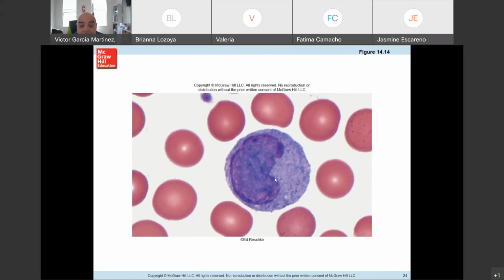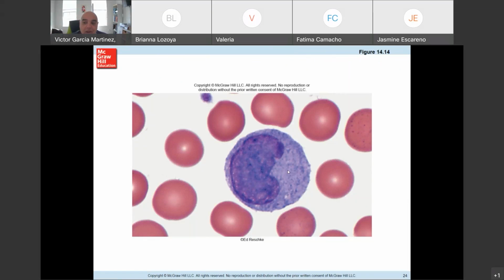Guys, this is the important cell when we have infections, and we're going to have these cells going through the blood vessels and then phagocytizing the bacteria or cells. Then these are phagocytes or macrophage cells. Macrophage.